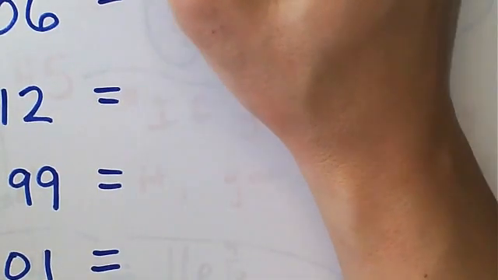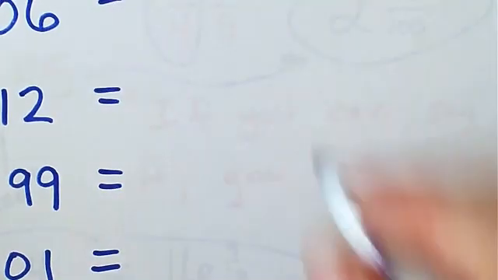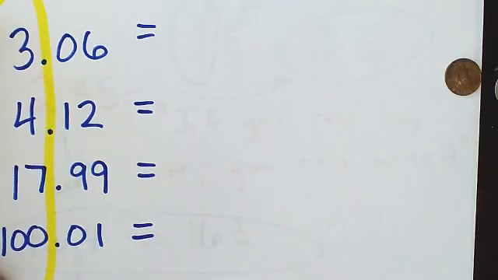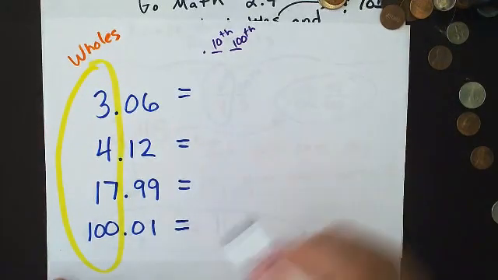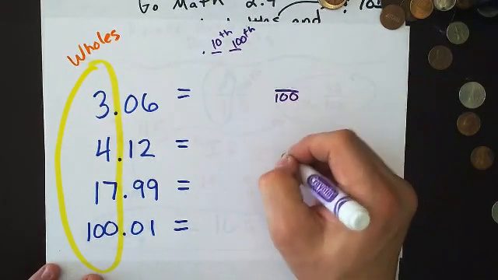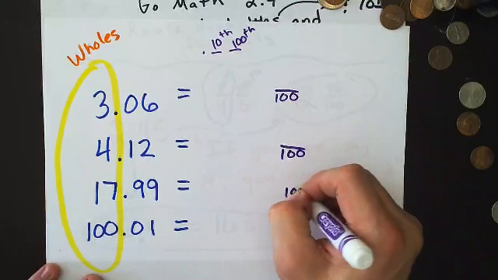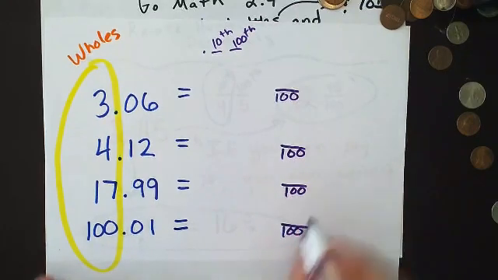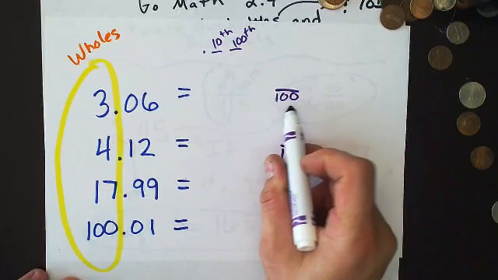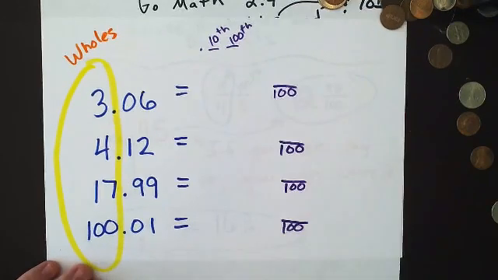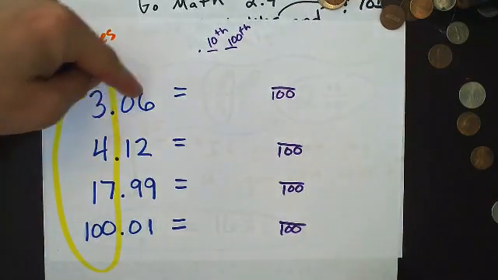All right, so let's go check out the fraction versions of these. And you have to remember, tenths, hundredths. Since all of these have 2 places behind their decimal, these are all going to go to hundredths. That's the easy part, remembering 2 numbers, 2 zeros for 100.